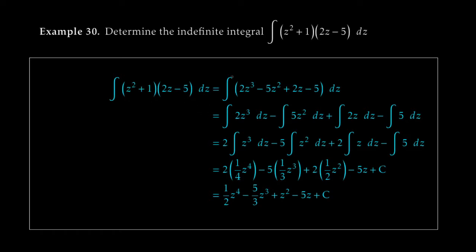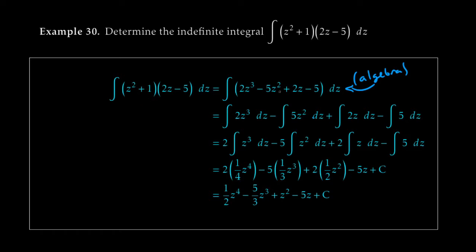This becomes the indefinite integral of 2z to the third minus 5z squared plus 2z minus 5 dz. So all that's going on here is a little bit of algebra. This is just algebra. Okay, I trust that you guys can expand a polynomial. I trust that you can expand two two-term polynomials multiplied together.